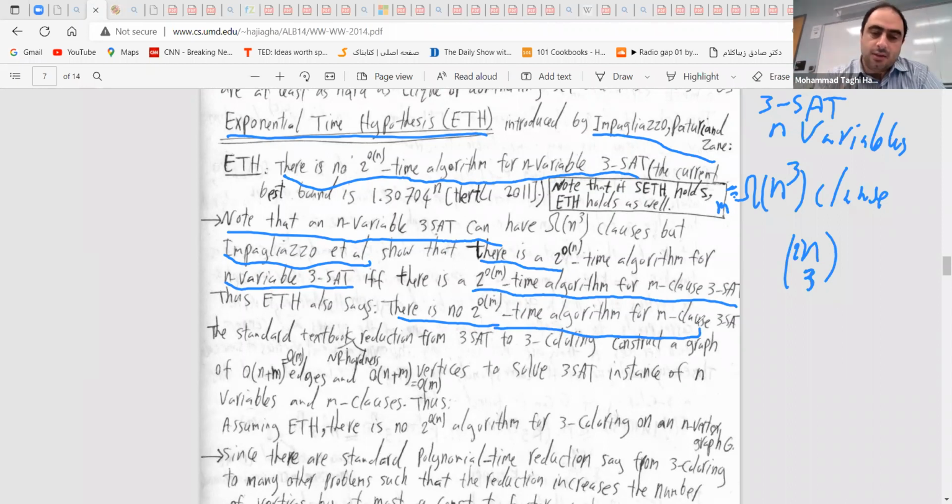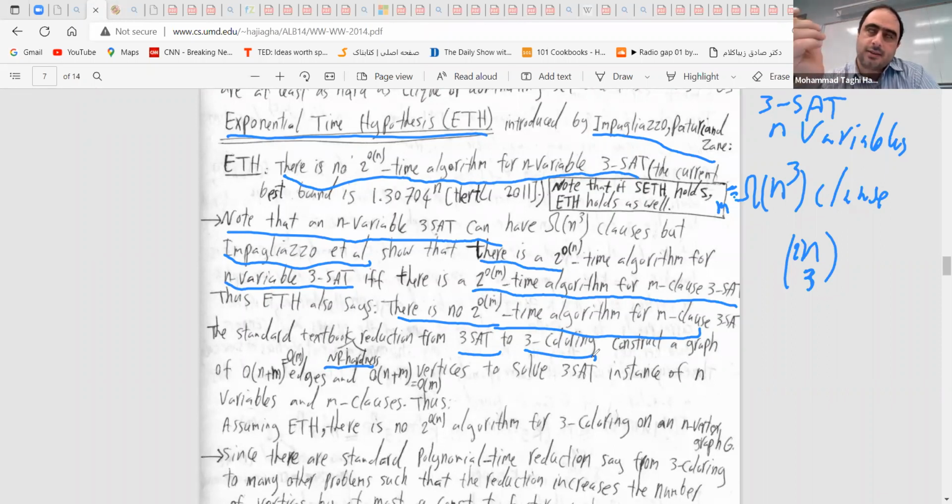Now, there are some classic NP-hardness reductions, from 3-SAT to 3-coloring.